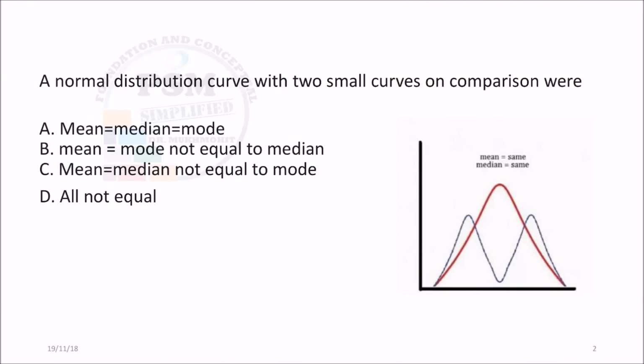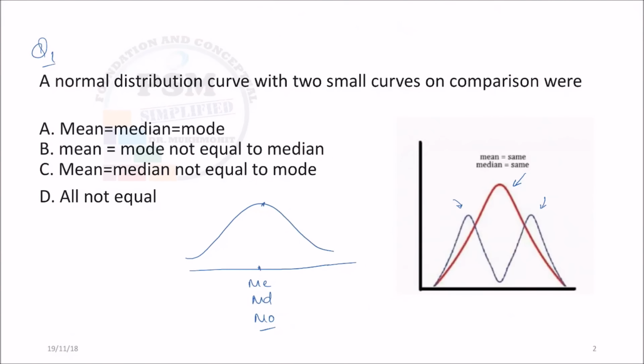The first question is a normal distribution curve with two small curves shown for comparison. There was a red color curve, which is the central curve, and a blue color small curve which had two peaks. If you recall, in a normal curve the center point corresponds to the mean, which is the median, which is also the mode.